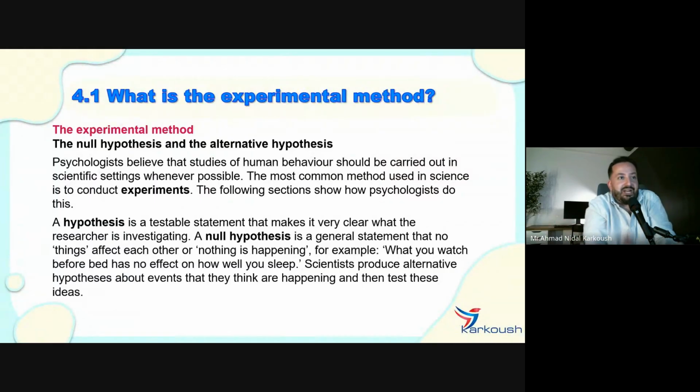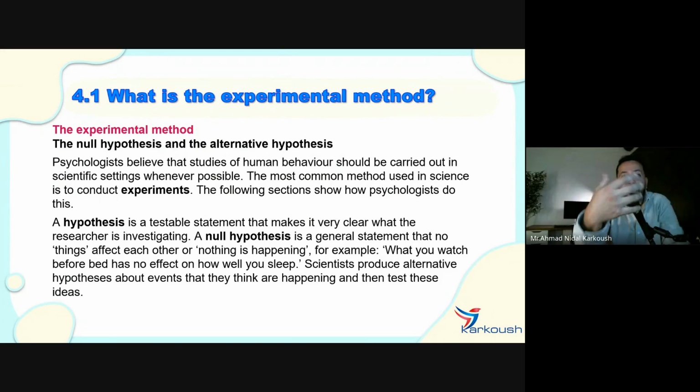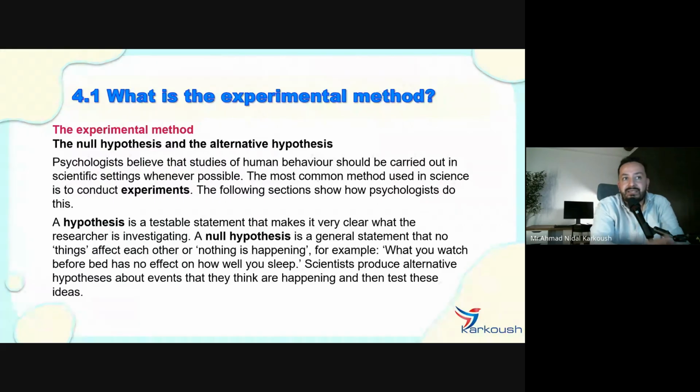That's it. This is my hypothesis. Now, my job is to test whether these ideas are actually true or not. Any questions about the difference between the null hypothesis and the alternative one so far?